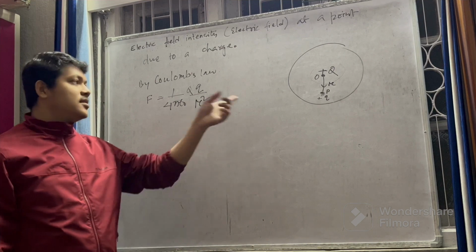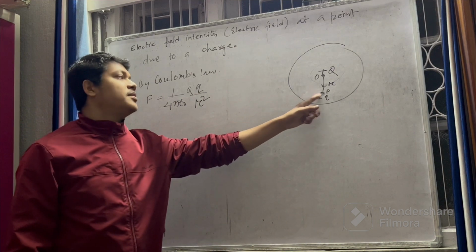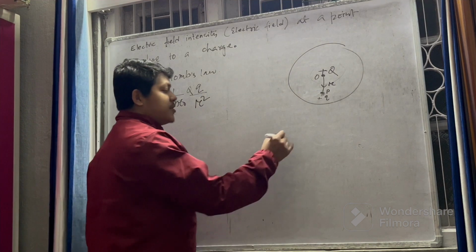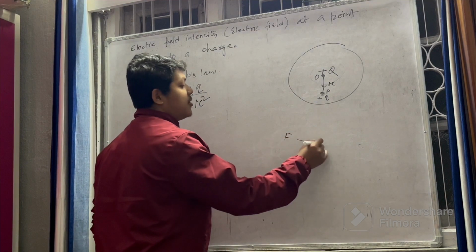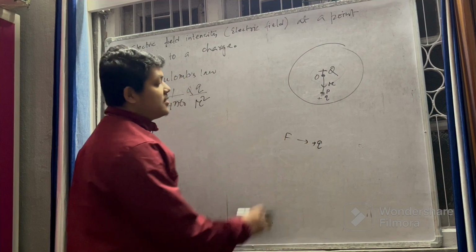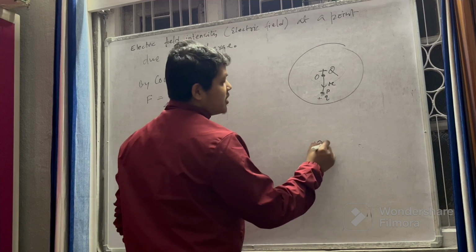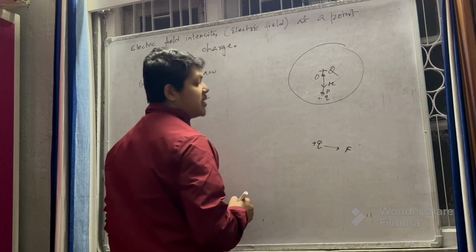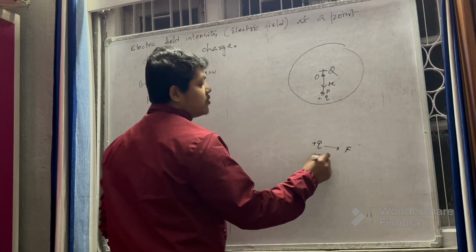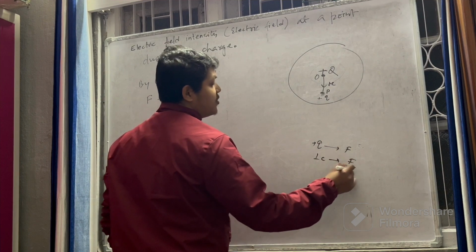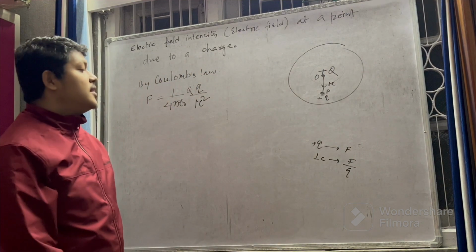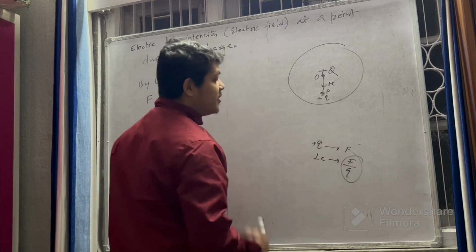That will be the magnitude of the electric field at this point. That means, suppose F force is being exerted on the small q charge, then on 1 coulomb charge, F by q force will be exerted, right? And this will be the electric field.